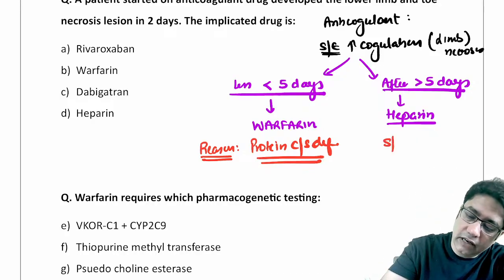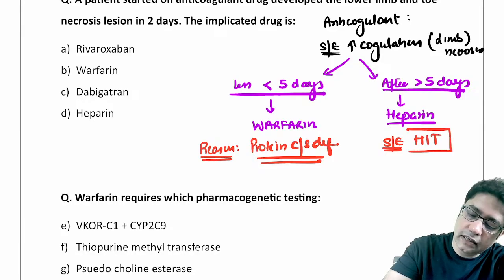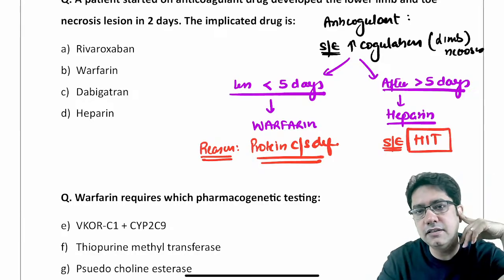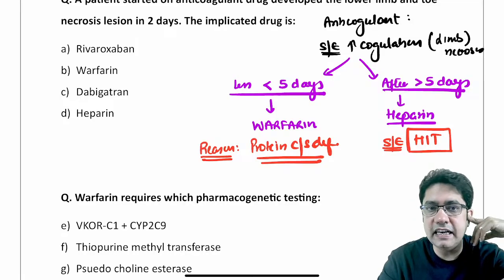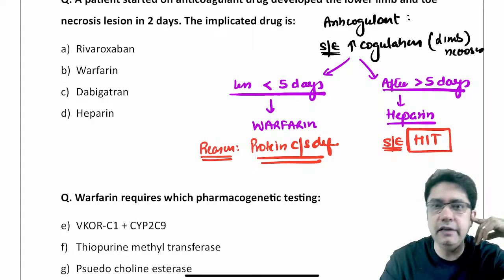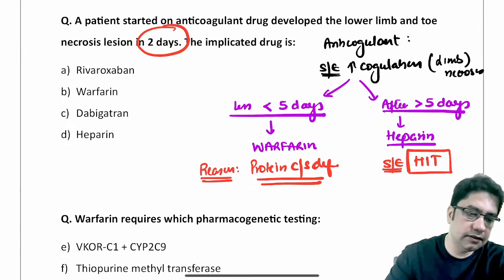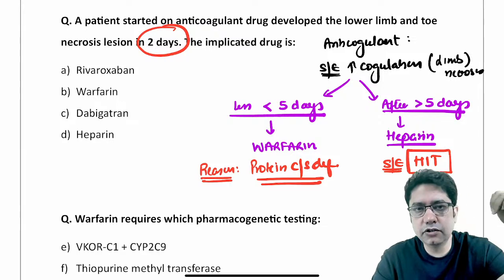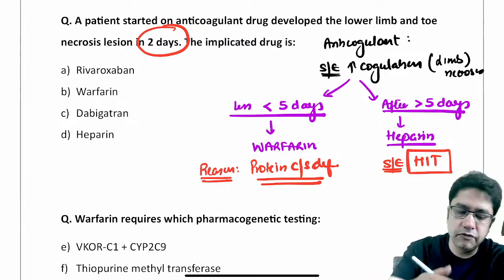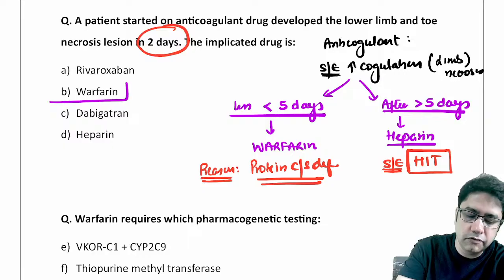And the reason heparin causes it after 5 days is that it can lead to a dangerous hypersensitivity known as HIT, heparin induced thrombocytopenia. Now see the question. The answer is 2 days. So you will go with heparin or warfarin? Yes, you will go with warfarin.